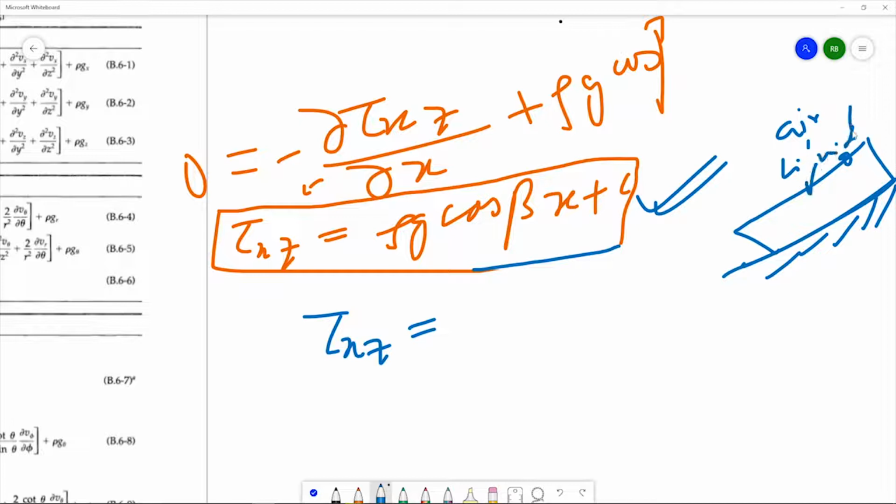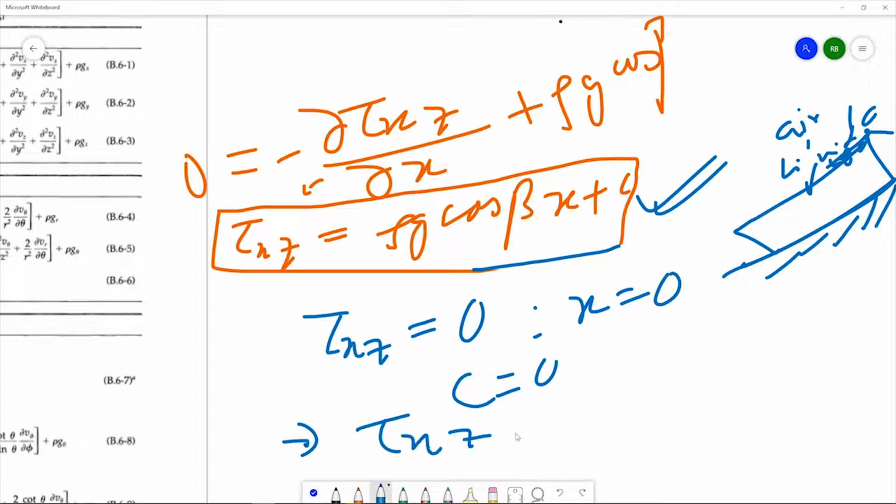This is the boundary condition here. So this was the start of the coordinate system, so it was 0. So tau xz is 0 at x equal to 0. So if you put this boundary condition, then you will get c equal to 0. That means tau xz is equal to rho g cos beta x.